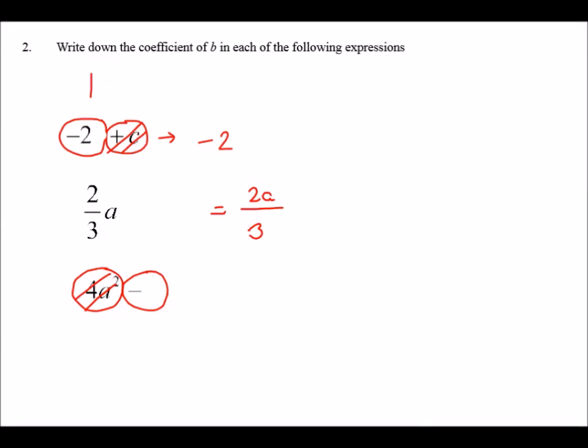Can I just have a coefficient of negative? No, I can't. So let's just remember what we do. This is negative 1b. So after I discard that, use the Topix. The coefficient of b in that case is -1.